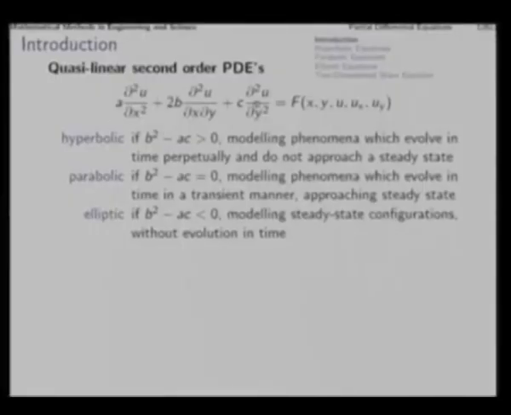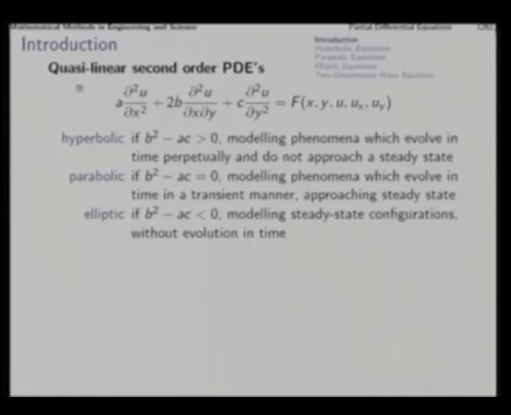But here, as a part of the course on applied mathematics, we will concentrate on a very limited class of partial differential equations, and that is this class, which is called quasi-linear second order partial differential equations. Why second order? Because the highest order derivative that is involved in this differential equation is of the second order. So, these are second order partial differential equations.